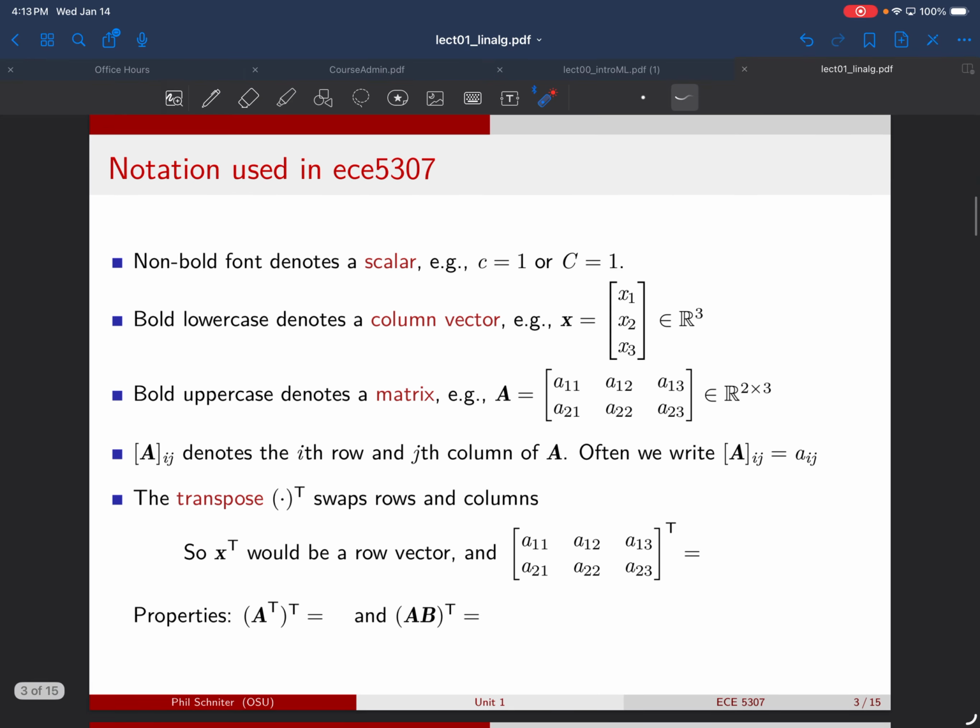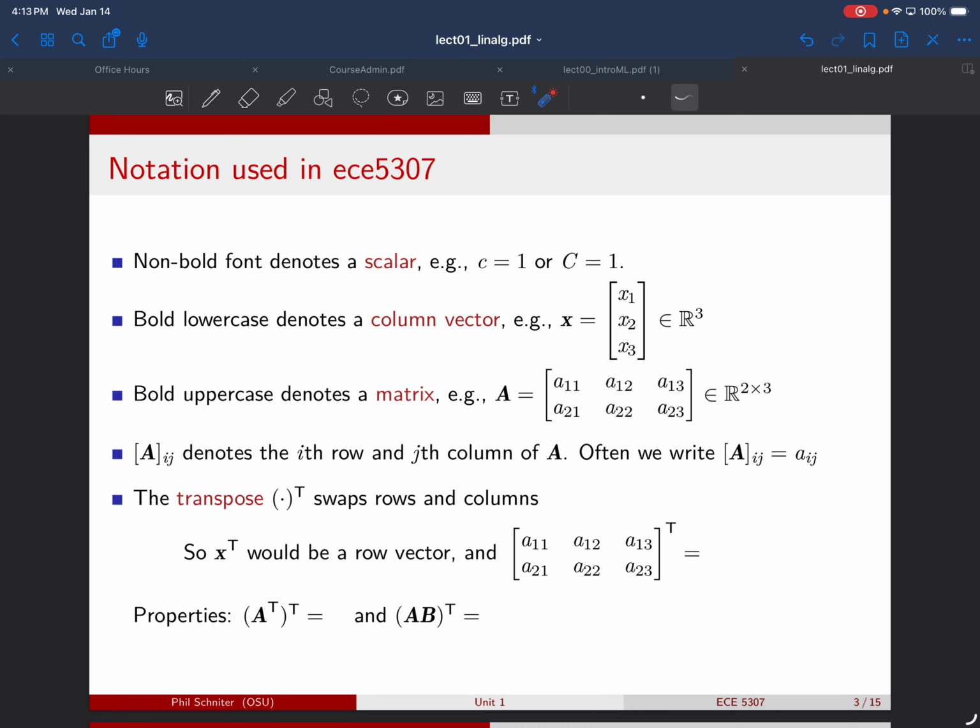Okay, so let's just start out by talking about the notation that I'm going to use in this course. When we have non-bolded quantities, those are going to denote scalars. So if you have a little c or a big C, neither of those are bold, those are just scalar values.